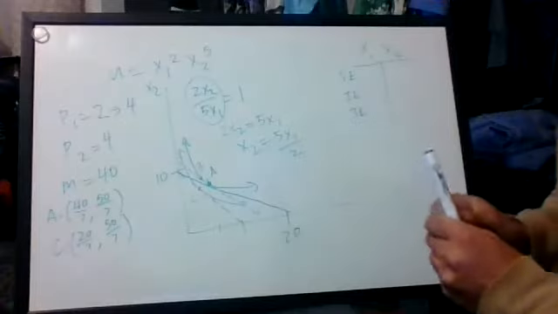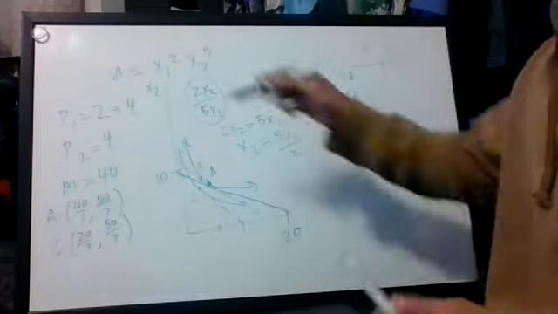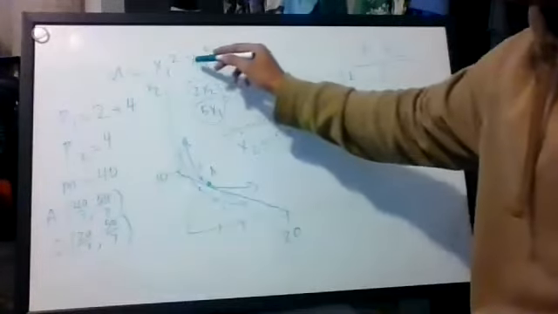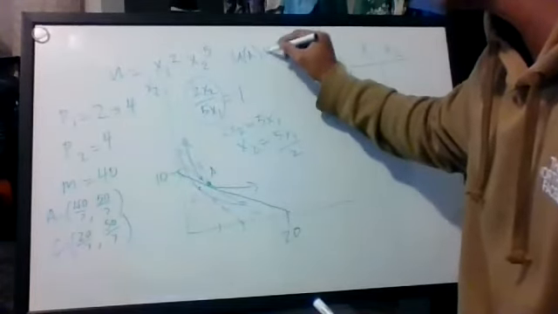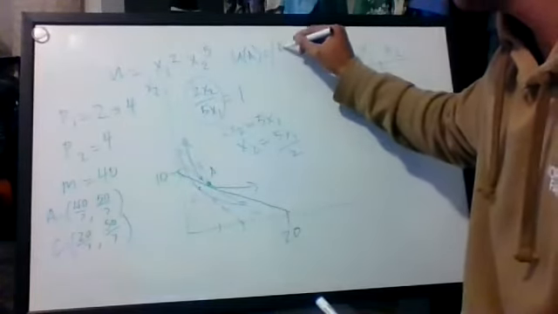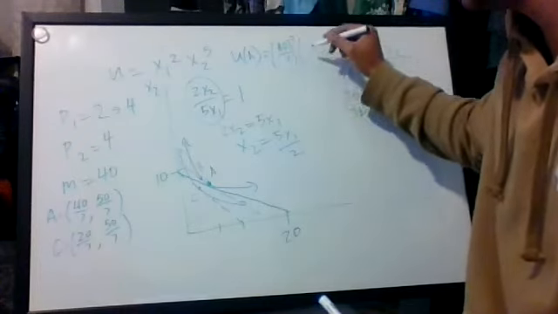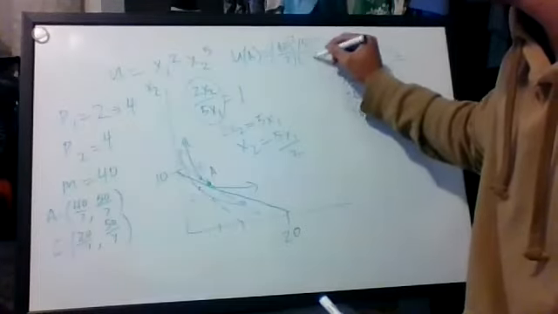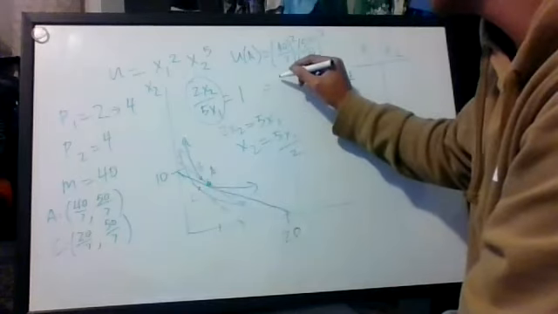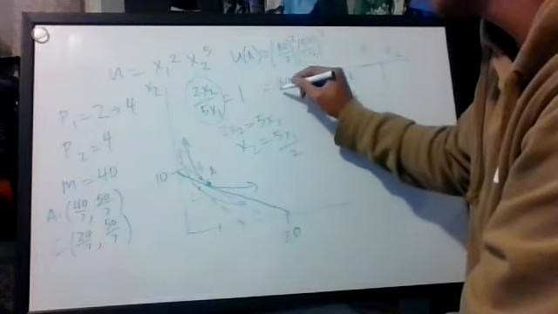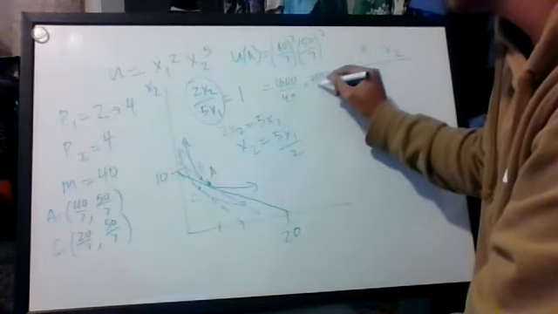This is where the calculations get a little bit funky, because I need to plug these values into my utility function. The utility at point A is going to be 40 over 7 squared times 50 over 7 squared, which is about 1600 over 49 times 2500 over 49.